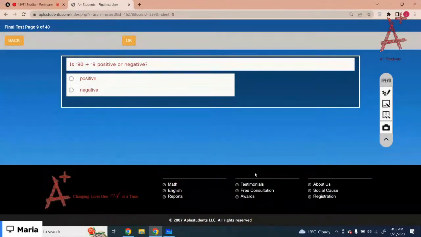They cancel out each other's sign, so it would be positive. Because both the numbers are negative, when you divide them, they cancel out each other's sign, so it would be positive.